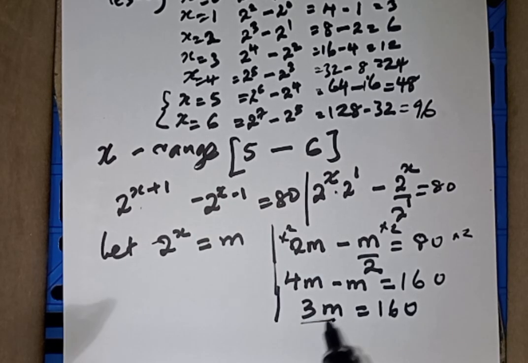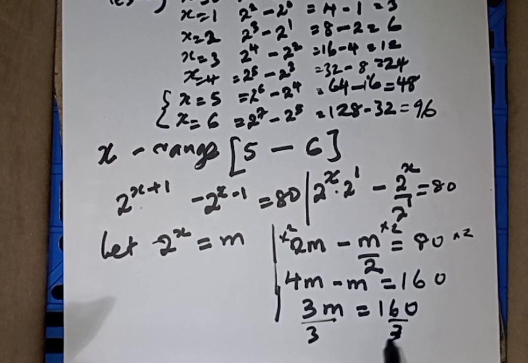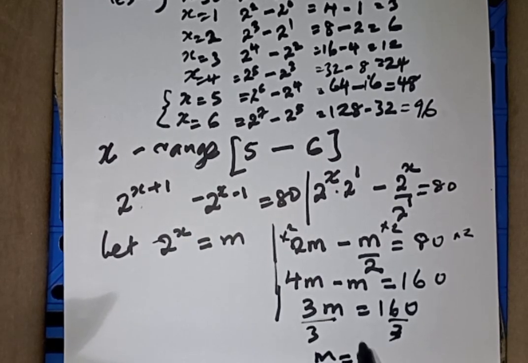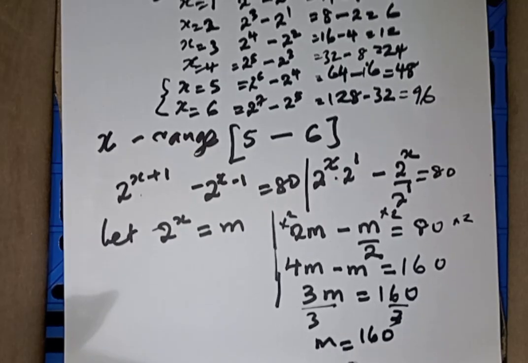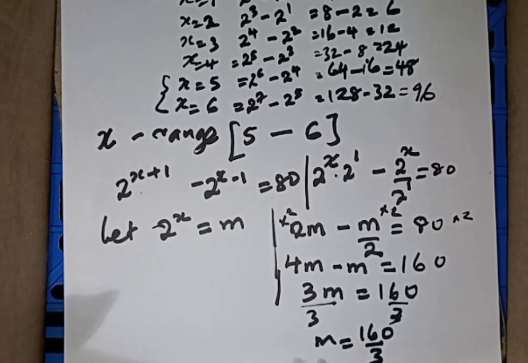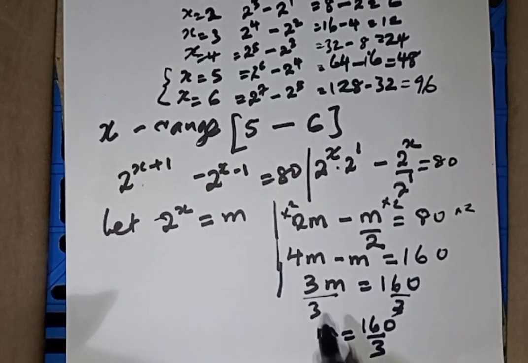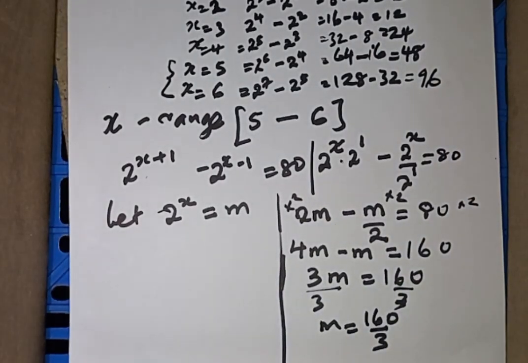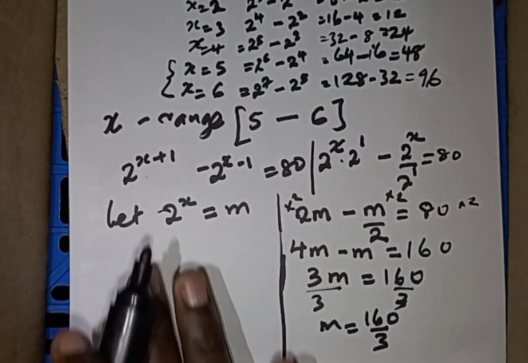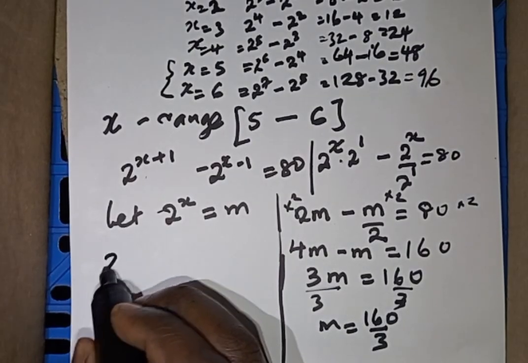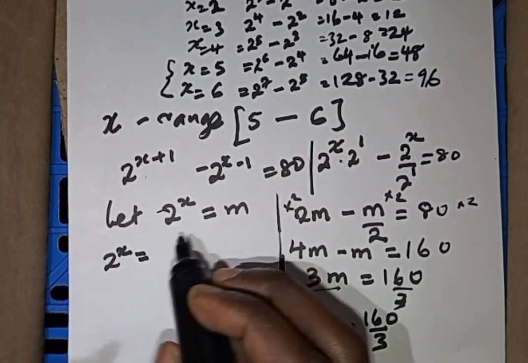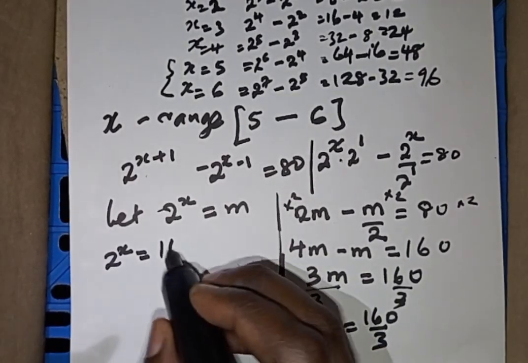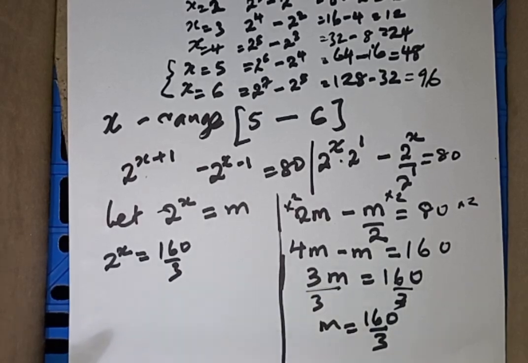Dividing by 3, the value of m becomes 160 divided by 3, and of course it cannot be divided evenly. Replacing it, we said that 2 raised to x is equal to m, but m is 160 divided by 3.